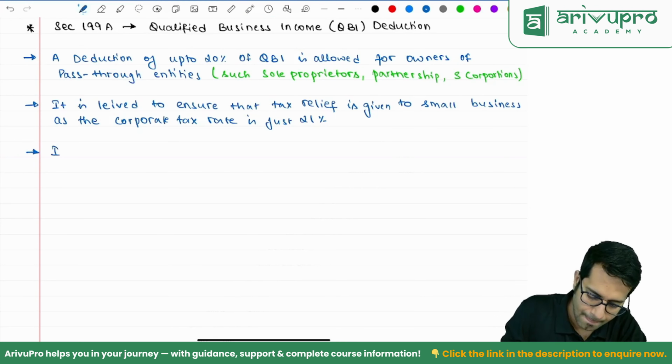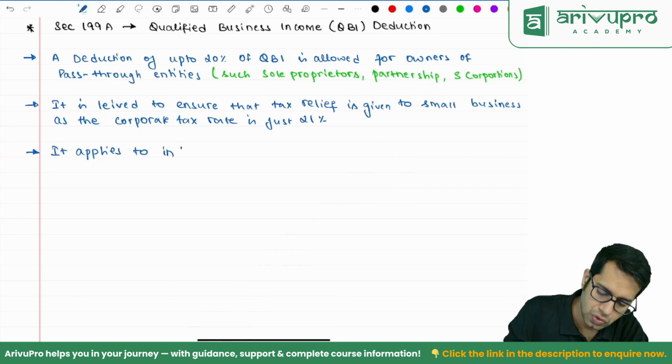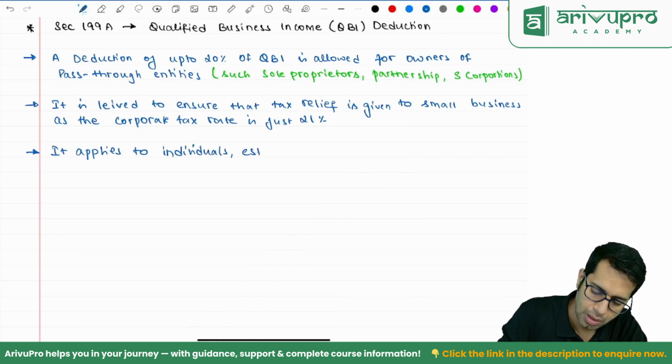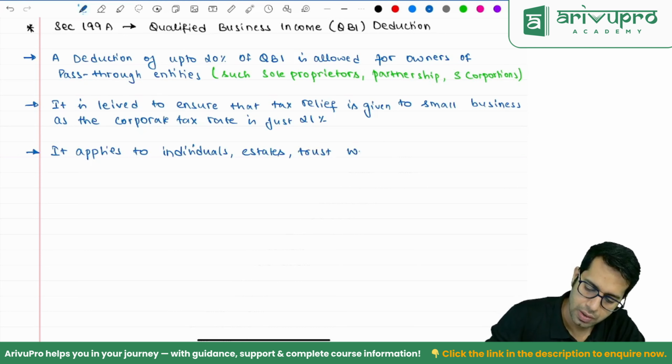It applies to individuals, estates, and trusts with domestic business income. And what are the threshold limits for them?